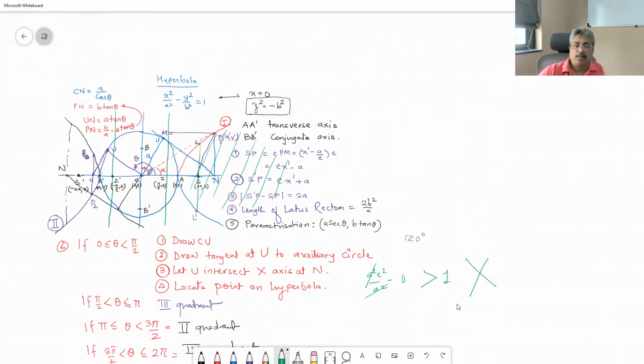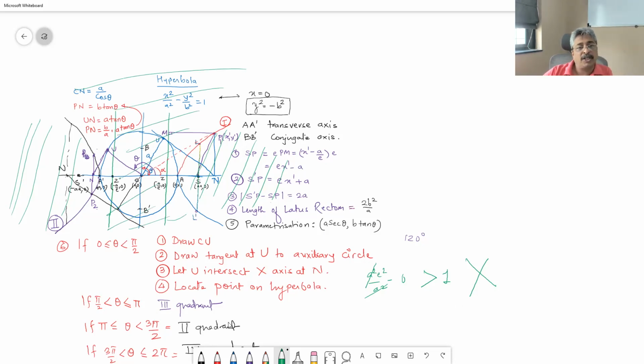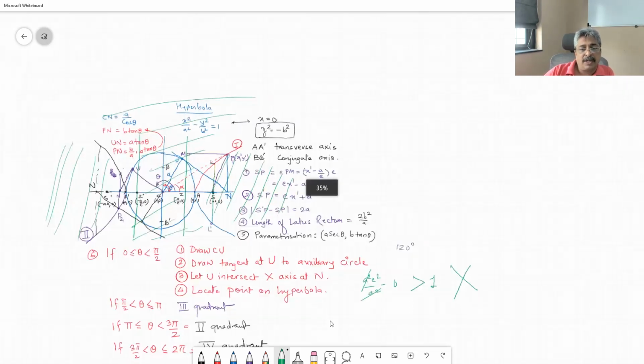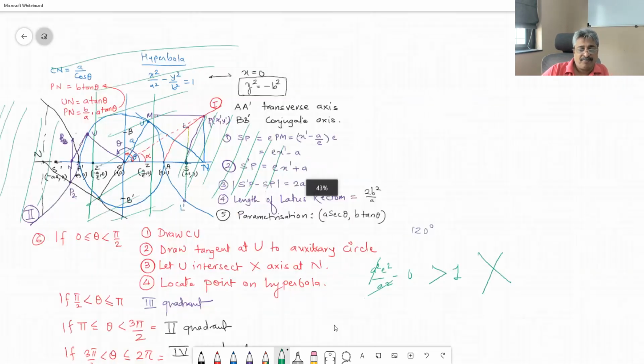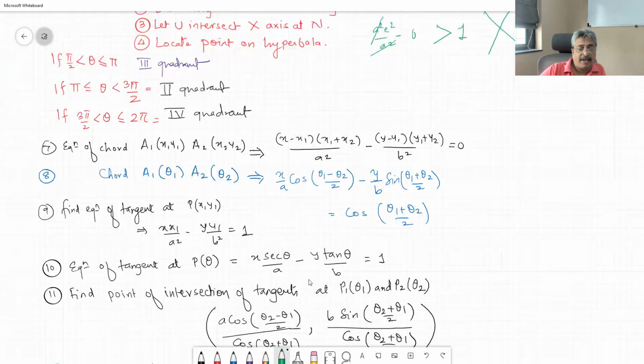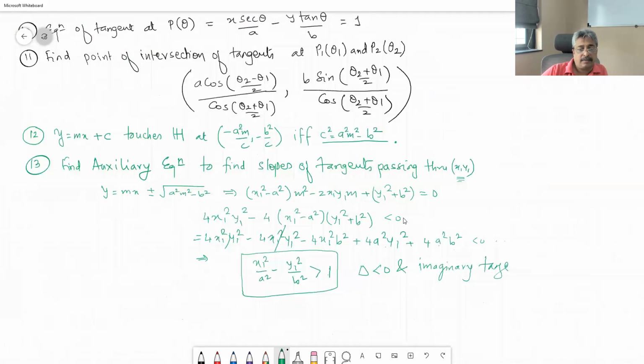So we check one point and say that in this area and this area you won't get real tangents, and if the point is on the hyperbola you will get coincident tangents, and in the remaining zone, if you have a point anywhere you will get two tangents. That is what the theory of quadratic equations tells us, which is geometrically also correct.